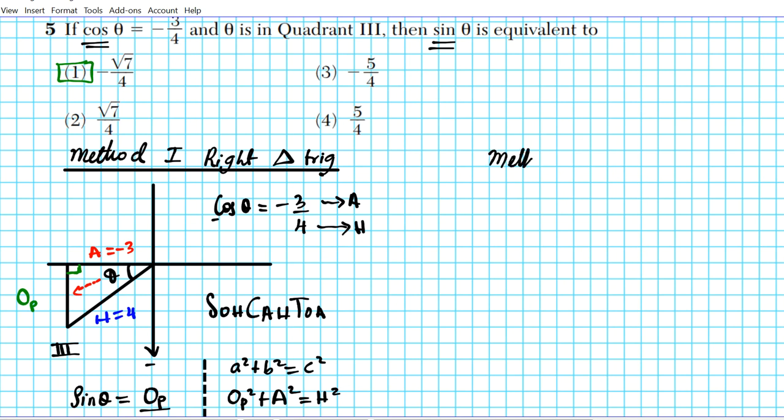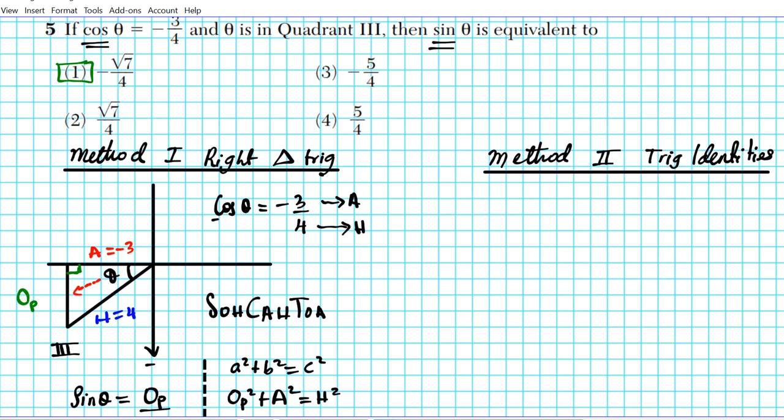Method 2 is slightly more sophisticated, and it just requires you knowing your trig identities and the signs of the 6 trig functions in the respective quadrants. Method 2 is going to be the use of the trig identities. All right, let's take a look at this one.